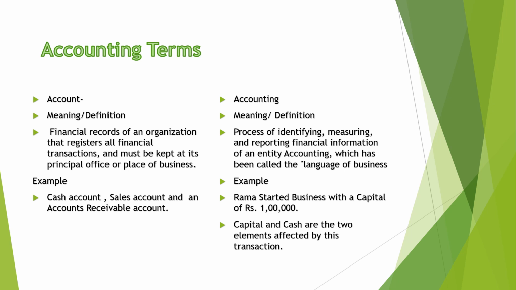So these all accounts record various information. So next one is what is accounting. The process of identifying, measuring and reporting financial information of an entity is called accounting, or accounting is also called the language of the business.